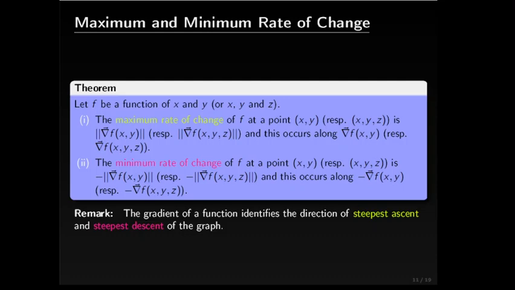And the negative of that value, or negative magnitude of the gradient of f, will be the minimum rate of change of f at the point of interest. Now, the gradient itself is the direction of the maximum rate of change, and the negative of the gradient is the direction of the minimum rate of change.